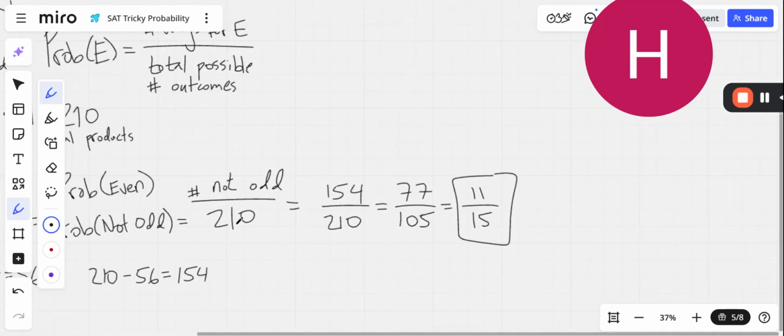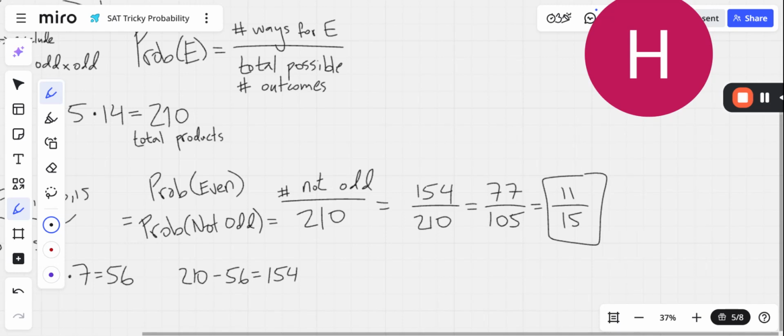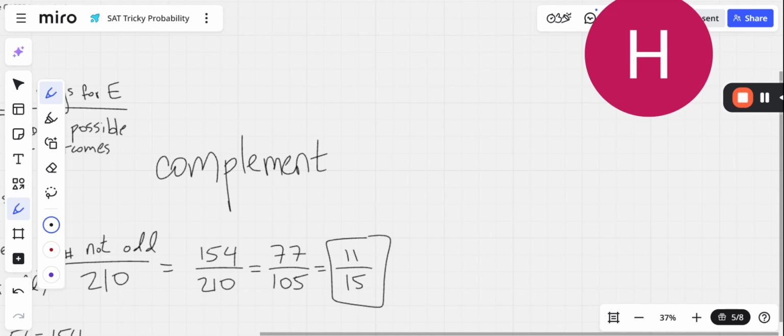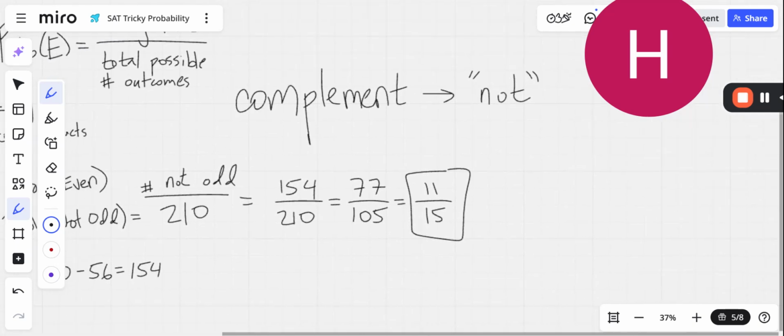So in this case, we're using something called the complement. In statistics and probability, the complement, or I think it's mostly a probability term actually, of something basically means not. Right, so if I'm rolling a 6-sided die, there are 6 options.